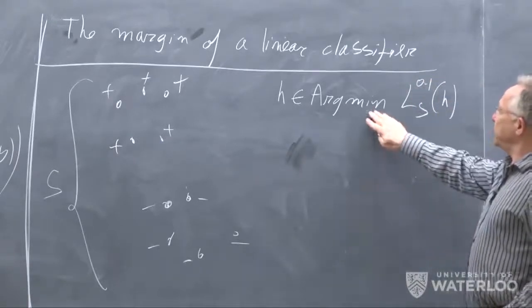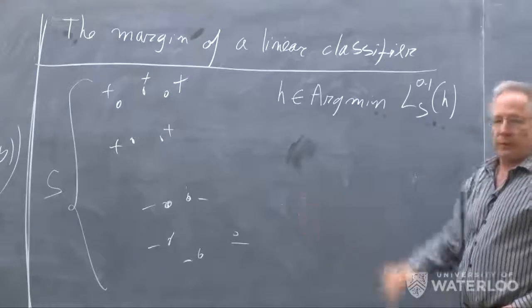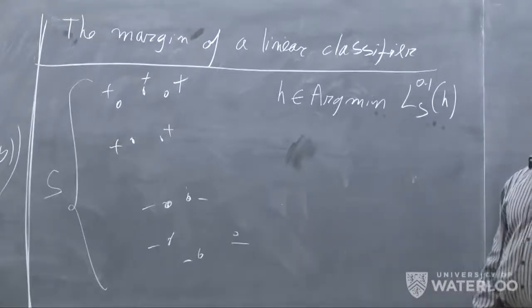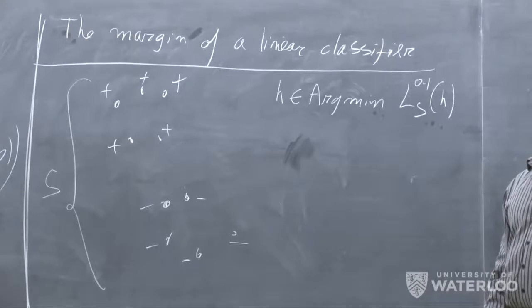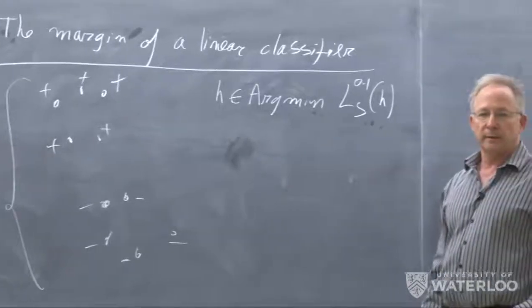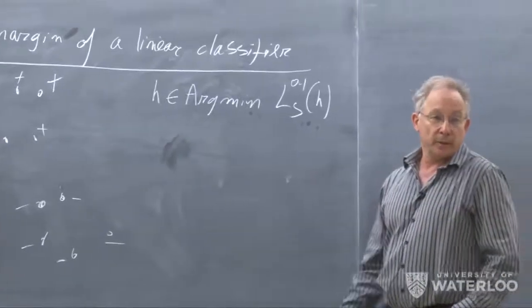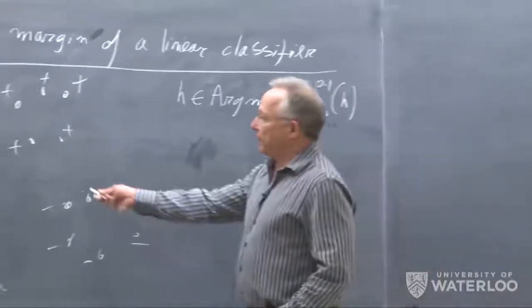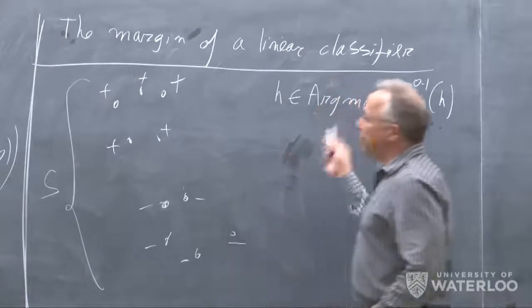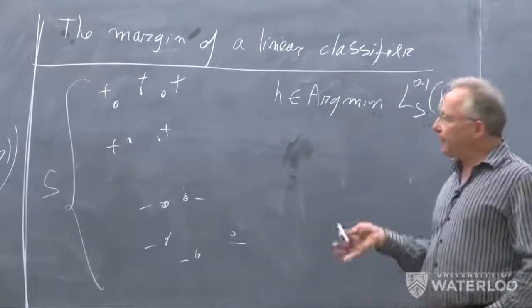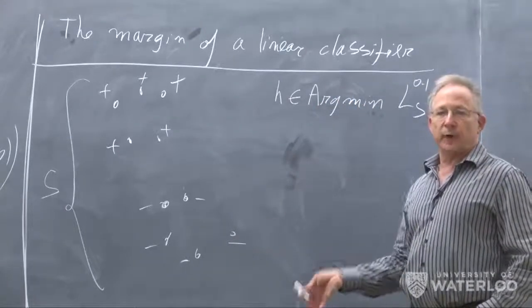But what is this argmin in the picture that I give you here? What is the minimal loss of any classifier on this set of points? Yes, 0. Because we have classifiers that just don't make any mistake. So this is going to be 0. But the point is that there are many classifiers with 0 error.